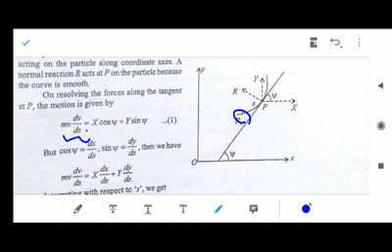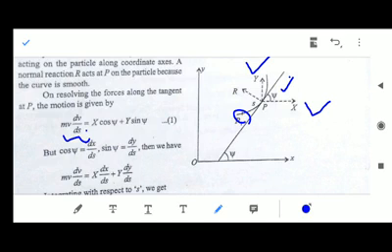Along the tangent, we have two forces, X along the x-axis and Y along the y-axis, and this tangent is making angle psi with the x-axis. So the component of X along the tangent will be X cos psi. In the same way, the angle between Y and the tangent will be 90 minus psi, so the component of Y along the tangent will be Y sin psi.